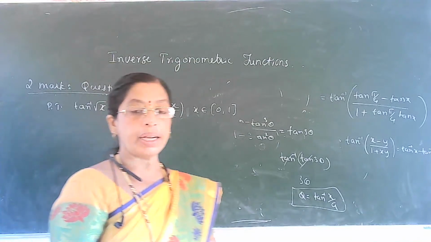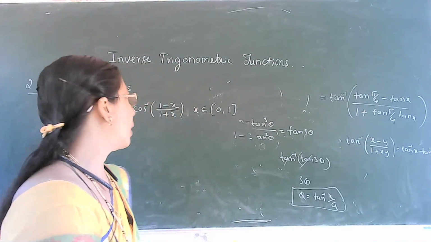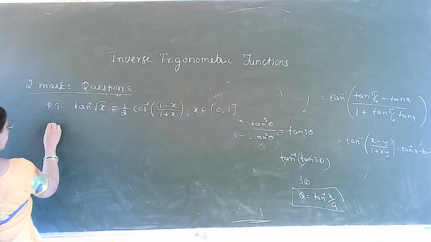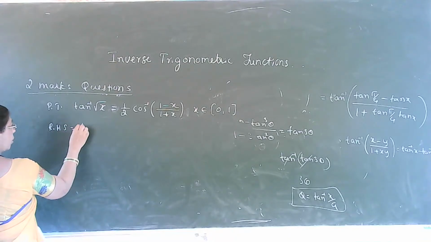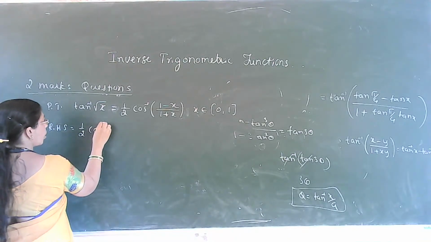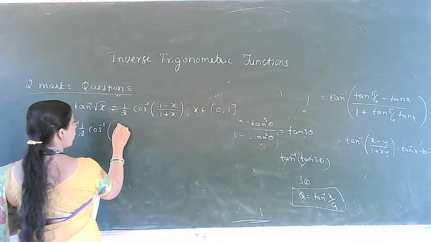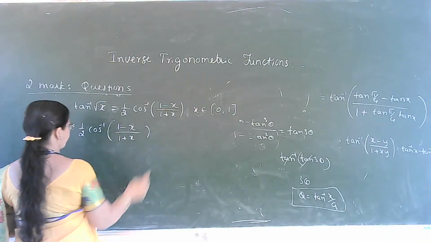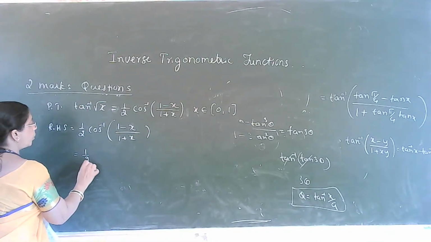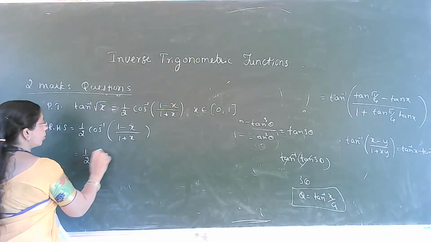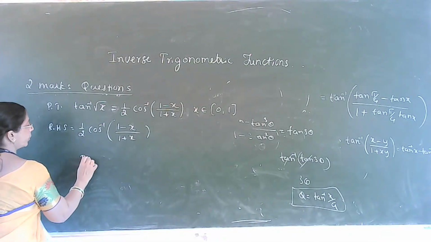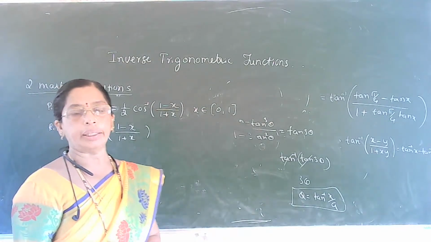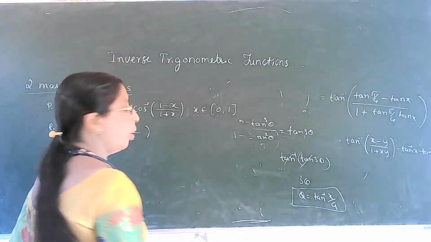We prove this by taking the RHS to get the LHS. How? I take RHS equal to 1 by 2 cos inverse of (1 minus x) divided by (1 plus x). Here we put x equal to tan theta.